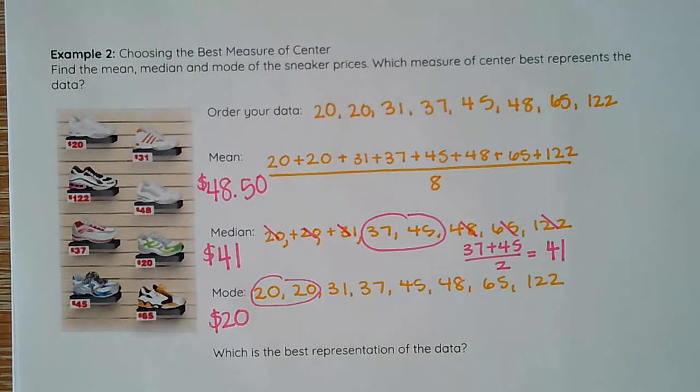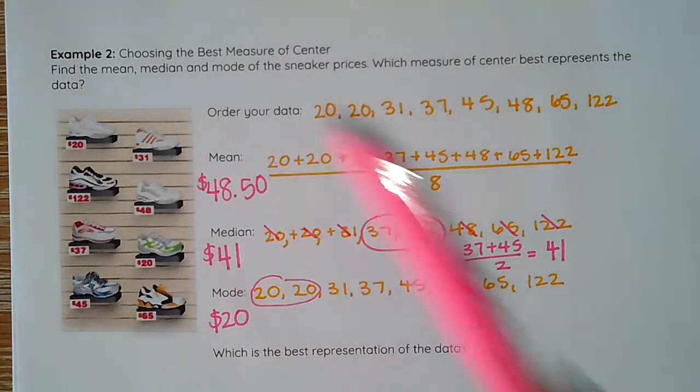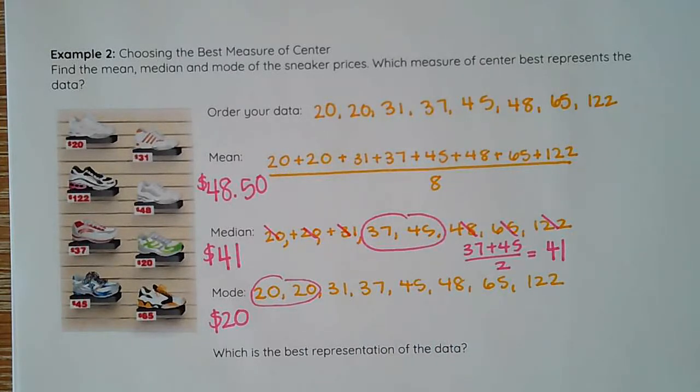All right, so let's take a look. We've got our mean, which is $48.50. Our median is $41, and our mode is $20. Now, one thing that I noticed right off the bat is that the mode doesn't really represent all of my data. Okay, so we want to determine which measure of center is the best representation of the price points.